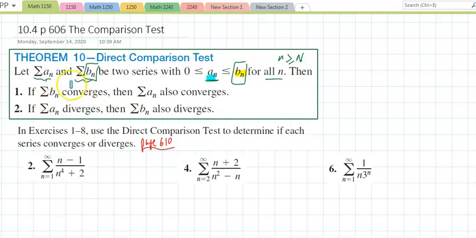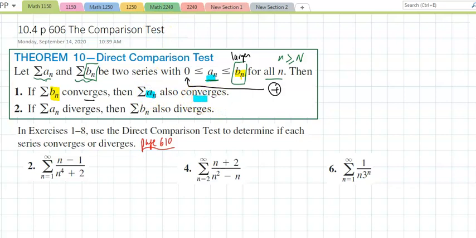This says they both must be positive. It only works if the sequence part is positive. It doesn't work for negative. If both of those are positive, if the larger converges, then the smaller automatically converges.